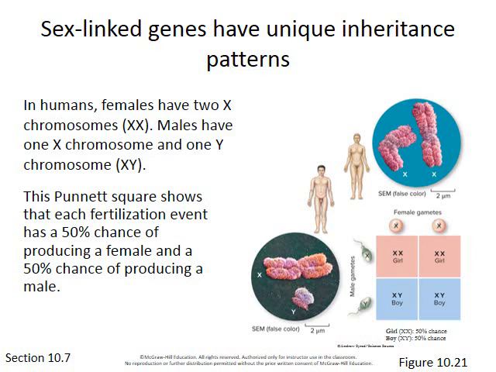Sex-linked genes are unique. They have a unique inheritance pattern. Most of the different alleles that we were talking about had to do with genes on the autosomes, chromosomes 1 through 22.